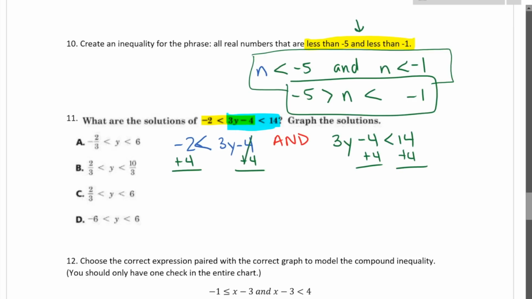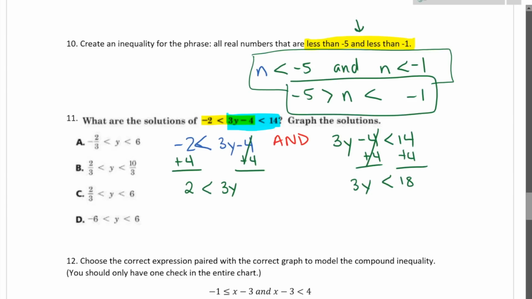Okay, I would cross out these, leaving me with 3y less than -2 plus 4. So you had $4 in your pocket, you spent $2, you owe them, or you still have $2 in your pocket. All right, cross out these 4's, 3y less than 14 plus 4 is 18.